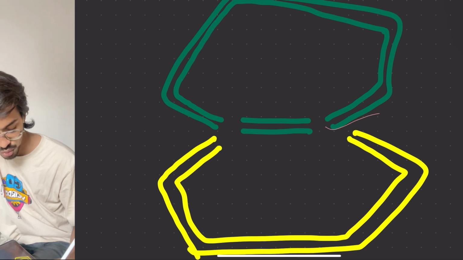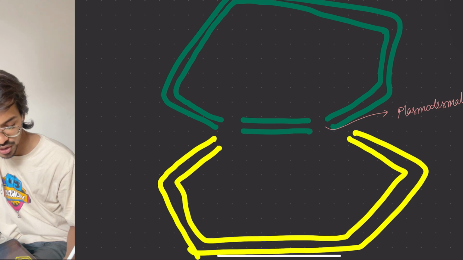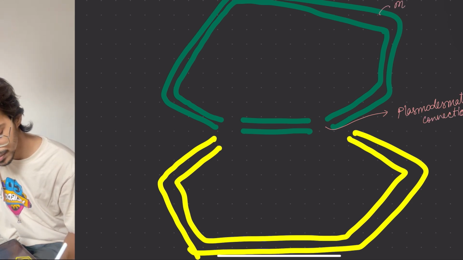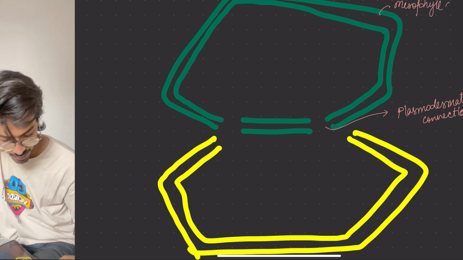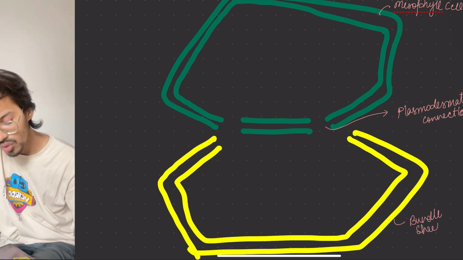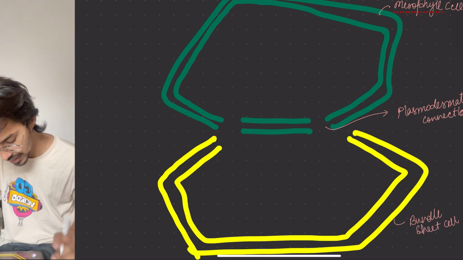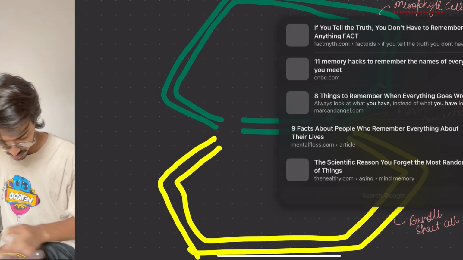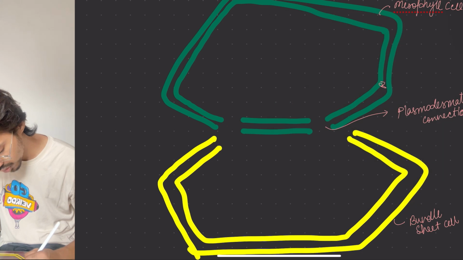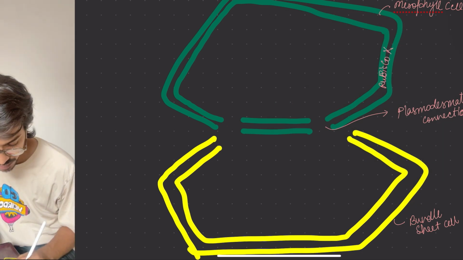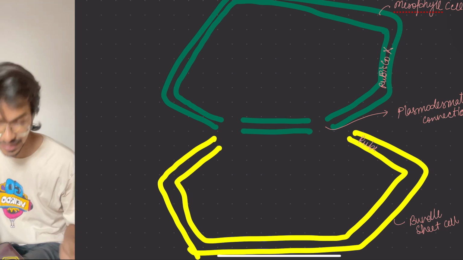You know that in the plant, plasmodesmata connections are present through which things can be transferred. So this is your mesophyll cell, this is your bundle sheath cell. Now you have to remember the fact that in the mesophyll cells there is no presence of the Rubisco enzyme. So cut over here. Whereas over here the Rubisco enzyme is present.